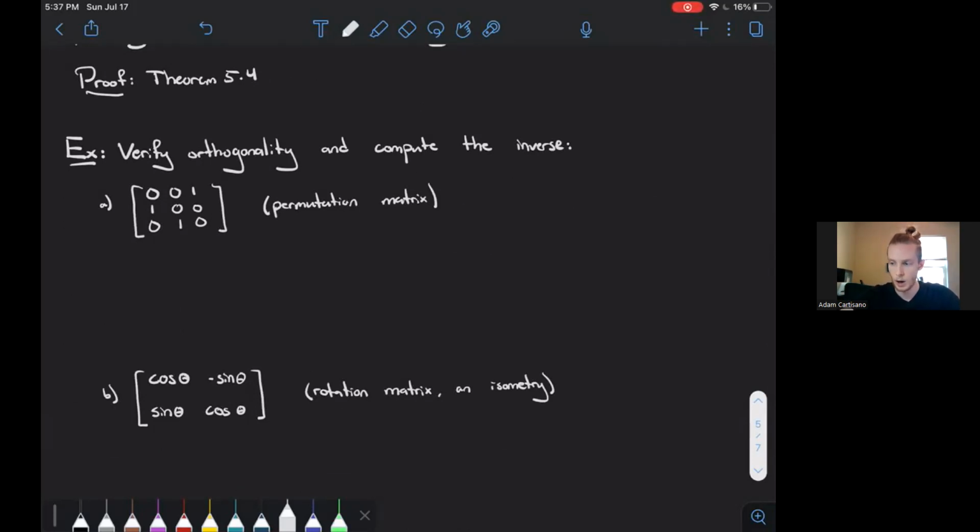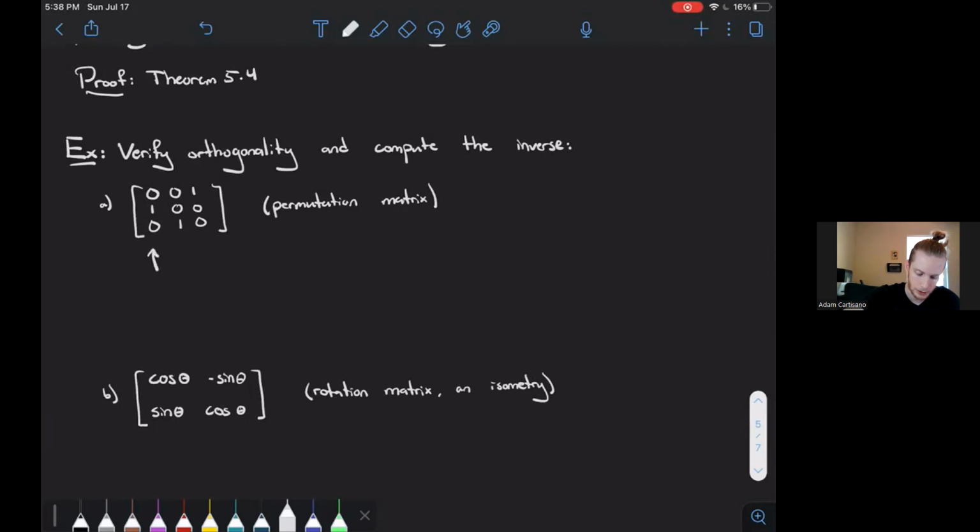So how do we verify that it's an orthogonal matrix? We have to check that the columns form an orthogonal set. Well, the columns of A are definitely unit vectors, because take the dot product of each of those vectors with itself. You'll get 1. And we also have to check that they form an orthogonal set, so we have to take the dot product of every column with every other column.